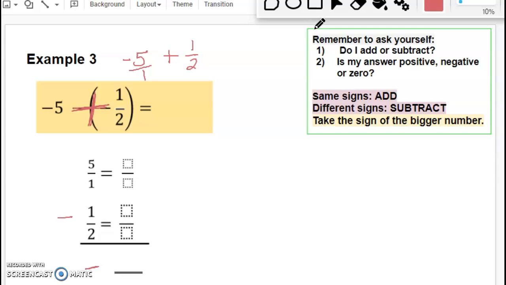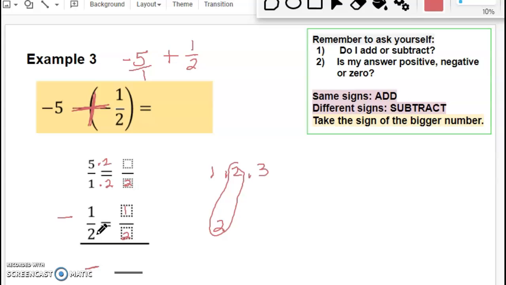So I set up my fractions. My common denominator is going to be 2, right? If I skip count by ones, 1, 2, 3, and then I have a 2 here, so right away, that's my common denominator. If my denominators are the same, my numerators are the same. So how do I get from 1 to 2? 1 times 2 equals 2.